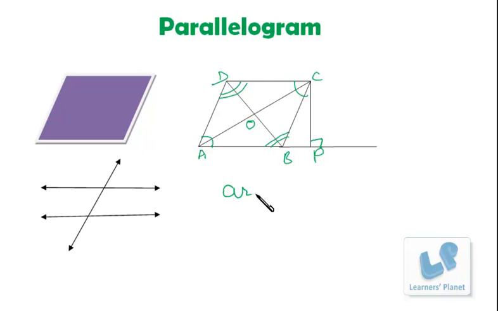So area will be equal to base, that is AB, into altitude, that is CP. Okay, so if you know the length of AB and the length of altitude, you can calculate the area of the parallelogram.